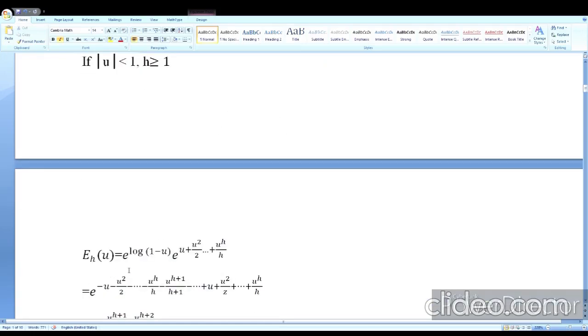Eh(u) is e power, we can write any factor as e power log. So we write e^{log(1 − u)} e^{u + u²/2 + ... + u^h/h}. Now log(1 − u), we know, is −u − u²/2 − ... − u^h/h − ..., and both are e power, so we add the power terms.